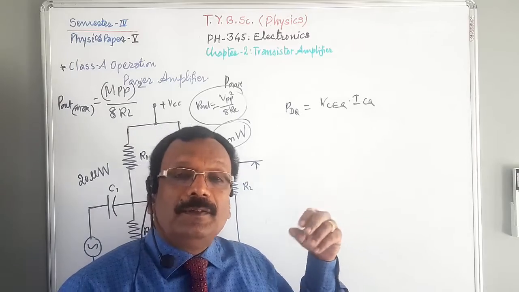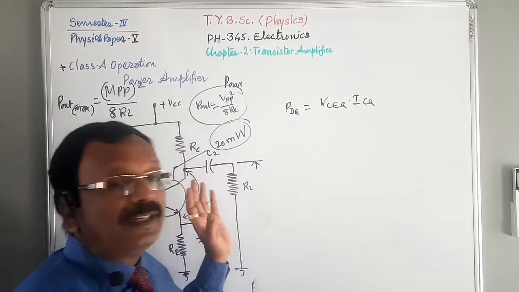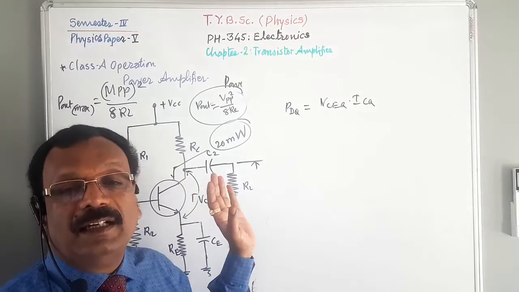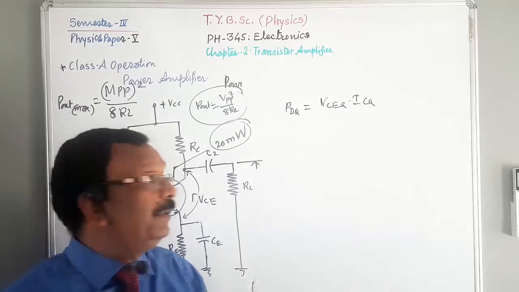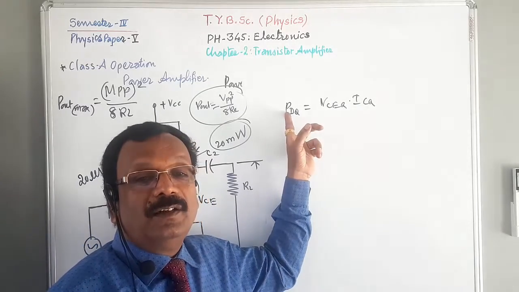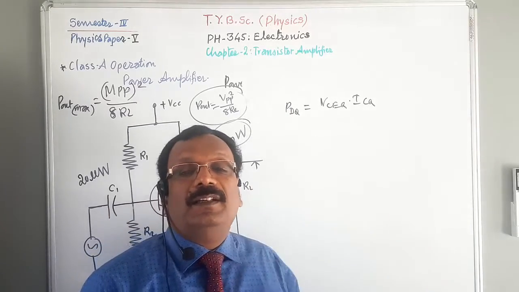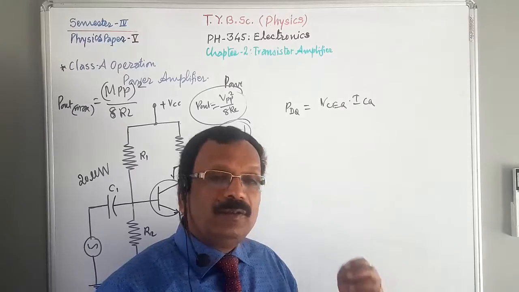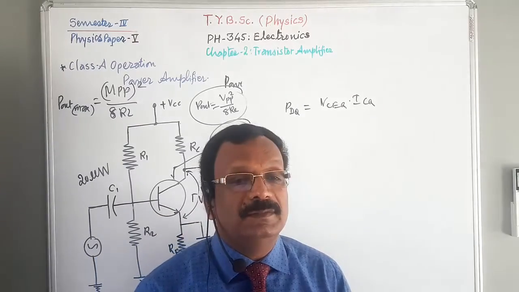So, when we want to save the transistor, the power rating of this class A amplifier must be greater than this PDQ. Okay. And now the last point regarding current gain.